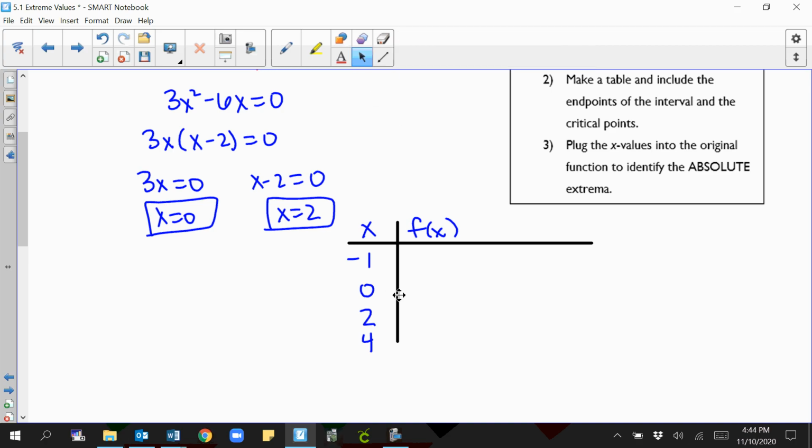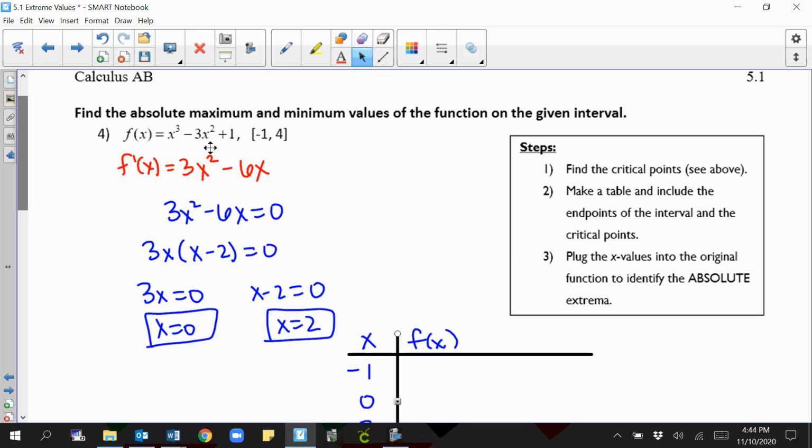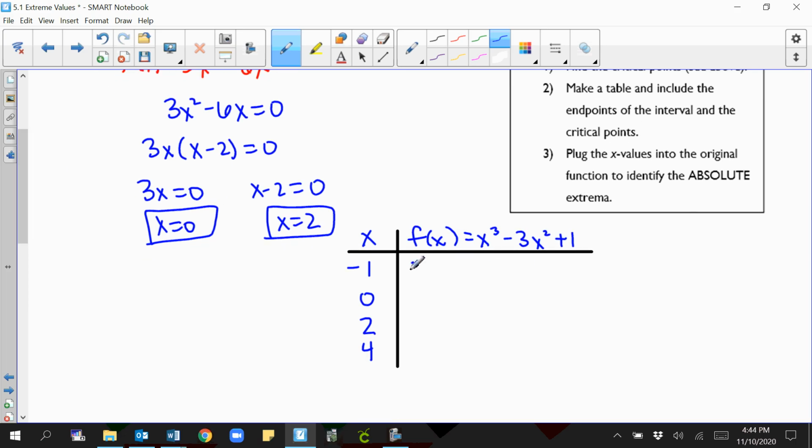I'm going to plug the x values into the original function to identify the absolute extrema. My original function is x cubed minus 3x squared plus 1. So I'm going to be plugging these numbers into that. So I have -1 cubed minus 3 times -1 squared plus 1. So -1 minus 3 plus 1. Well, those cancel out, so it's just -3.